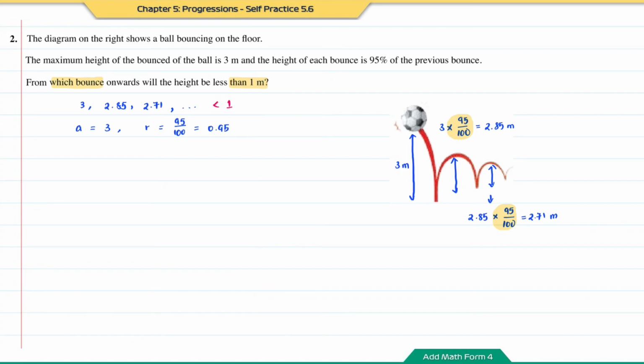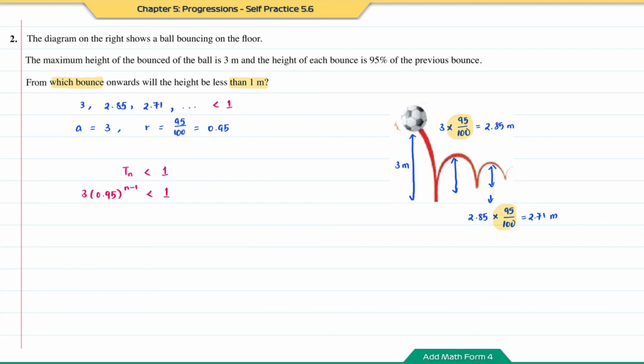Here we want to find the number of terms which is less than 1. So I can write this as Tn less than 1. We're going to find the n, which is the number of bounces. So for Tn, the formula is ar^(n-1). Here we know that A is 3. For the R, I'm just going to use 0.95. So it will be 3 times 0.95^(n-1) less than 1. Solve this, we're going to find the n, which is the number of bounces.